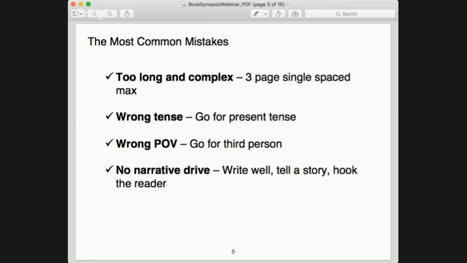In terms of the point of view, almost without question, you want to write in third person, no matter how your book is written. Memoir is always written in first person, of course, but it's just one of those other conventions where the synopsis is written in third person. In the samples, you'll see one of the nonfiction book samples for a book called The Next Happy, which is a self-help book.